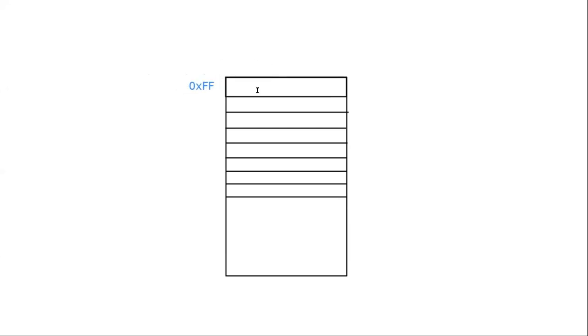It starts from the highest address and goes into locations that are lower than that address. So that is how a stack works, and we'll see how it works. So the stack initially is at the top of your memory.